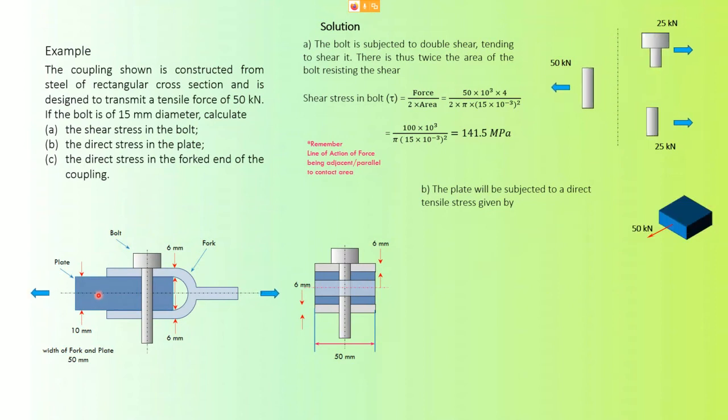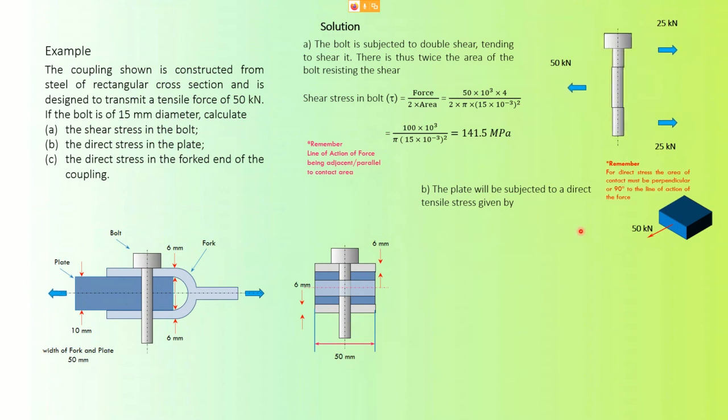Let's say I draw out the cross section of the plate. What is this area here? What is the thickness of the plate? 10 mm. What is the width of the plate? 50 mm. The force is 50 kilonewton. So what is the direct stress? Remember again, for direct stress, the contact area must be perpendicular, or 90 degrees, to the line of action of the force.